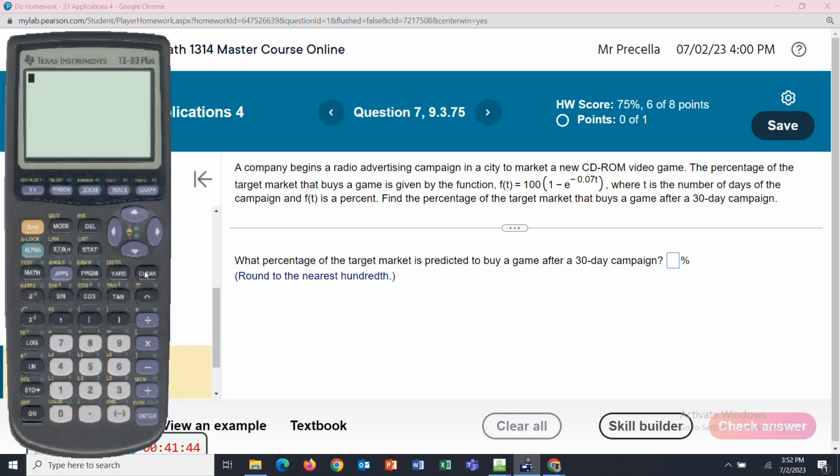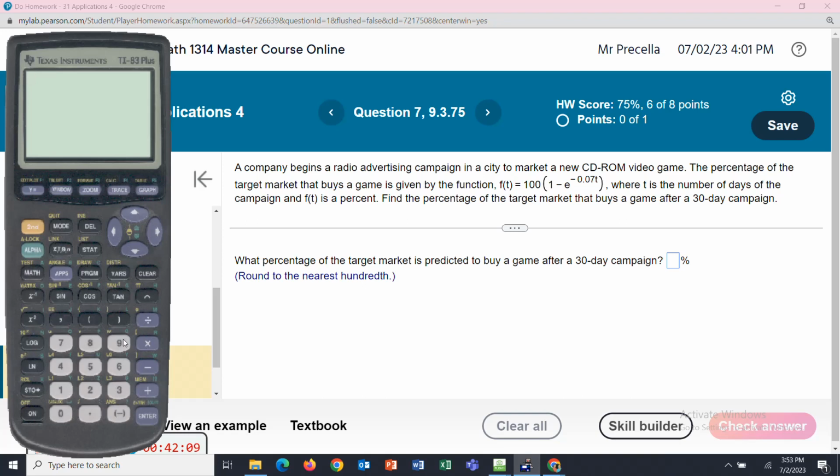The percentage of the target market that buys a game is given by the function f of t equals 100 times 1 minus e. Remember that the e on my calculator shares a key with the ln, so I'm going to have to hit second before I can get to that e to the x key.